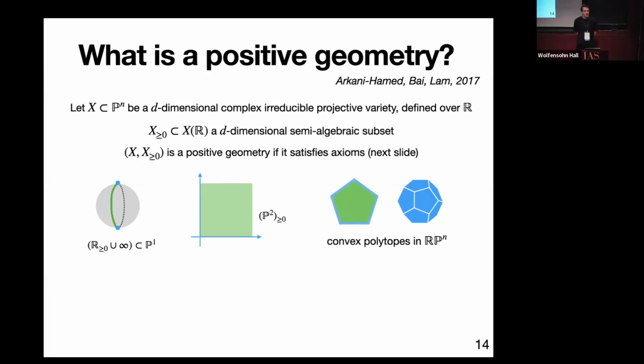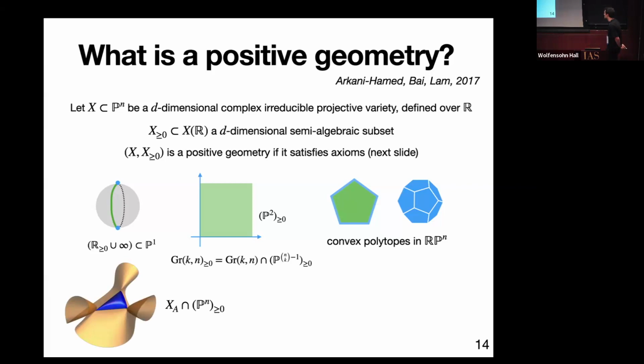More general convex polytopes are positive geometries. You can generalize this in a different way by looking at the intersection of the positive points in projective space with the Grassmannian. So Gr(k,n) non-negative is a positive geometry.